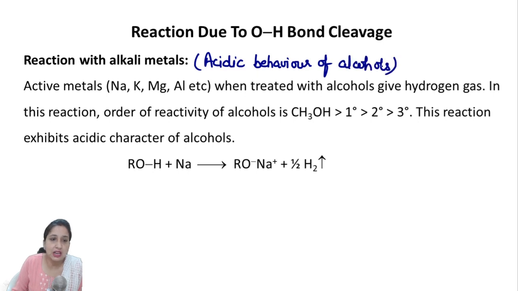In this type of reaction, active metals such as sodium, potassium, magnesium, aluminium, when treated with alcohols, release hydrogen gas. Because of the release of this hydrogen gas, this reaction shows the acidic behavior of alcohols.